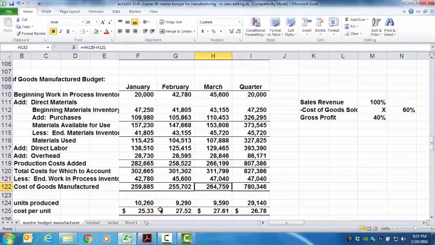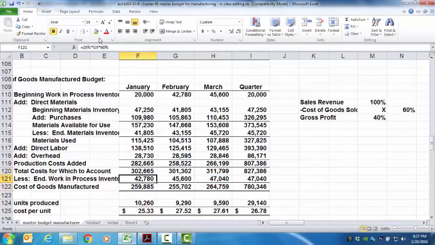To finish this out, once we know the ending work in process, you'll just subtract that away and you got your cost of goods manufactured. And you'll do this for every single month across, but there's some other things going on here I want to highlight your attention to. There are several diagonal effects.